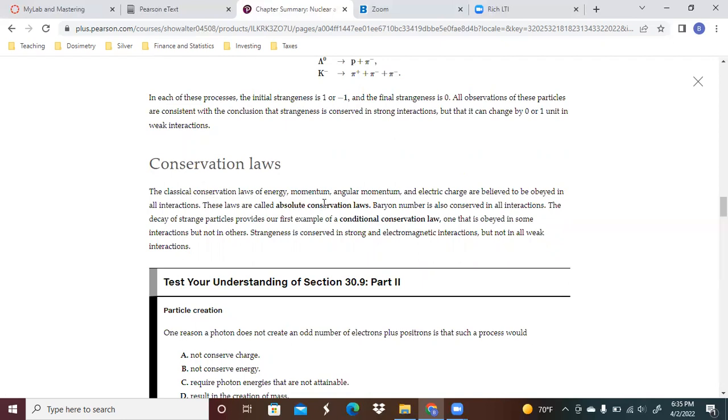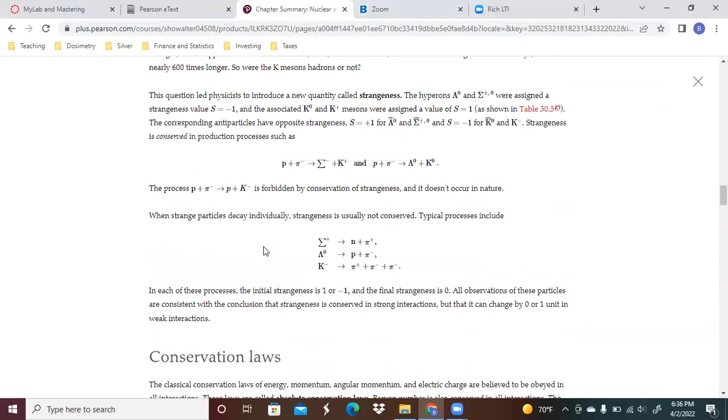The classical conservation laws of energy, momentum, angular momentum, and electric charge are believed to be obeyed in all interactions. These are considered to be absolute. Baryon number is also conserved in all interactions, and the decay of strange particles provides conditional conservation laws, ones that are obeyed in some interactions but not in others.